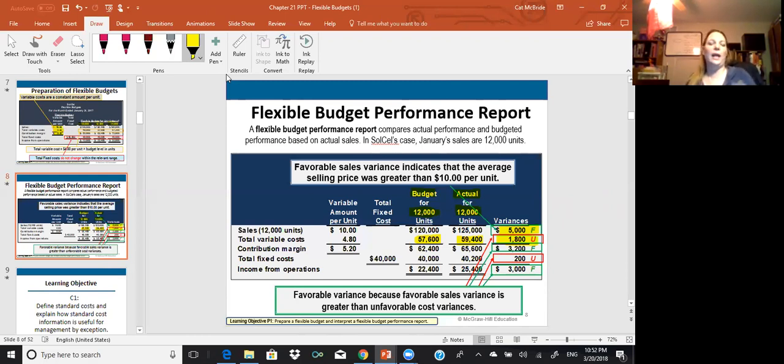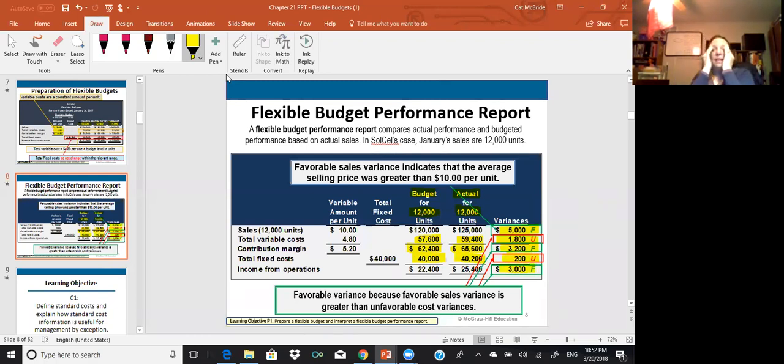We're just looking at a high level how it works. So our contribution margin should be $62,400. Because of our sales, it is $65,600, so that's a favorable variance. Our fixed cost should stay the same, but we're off by 200, so that's an unfavorable variance. So when we add all that up, we have a $300 favorable variance.